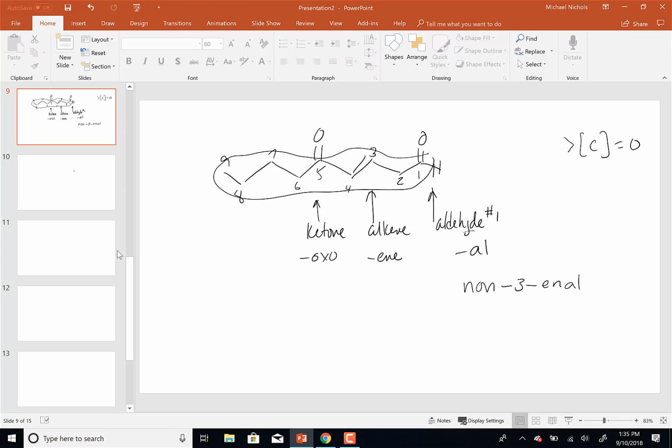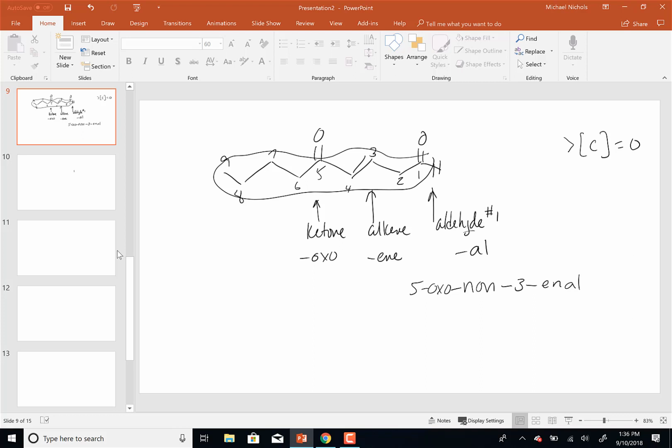Okay, so then I look at my substituents, and what's left is the ketone, which is called an oxo group. It's not really a substituent in terms of hanging off the longest chain, but it is part of the longest chain. So what I would do is treat it as a substituent and say this is 5-oxo non-3-enal.